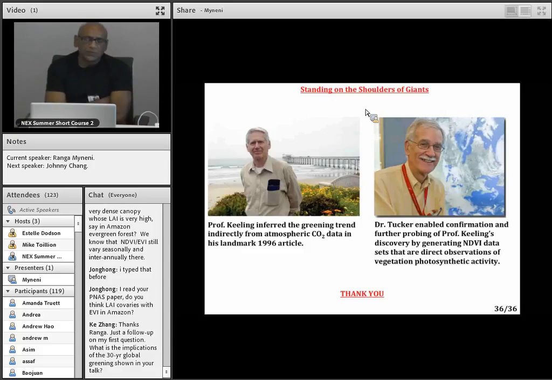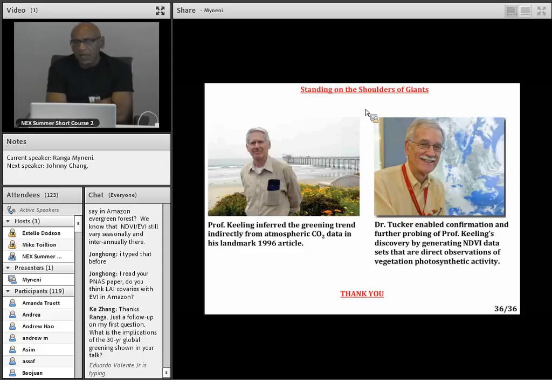There are two papers regarding the Amazon LAI variation. The paper in PNAS was the first one, and recently there's a paper in the Journal of Geophysical Research or Journal of Biogeosciences, and we find that in the Amazon the LAI result conforms to the one that we published previously in PNAS. But the EVI signal, when carefully analyzed over the Amazonian forest, tends not to follow the radiation signal, but tends to be more strongly correlated to the precipitation signal.